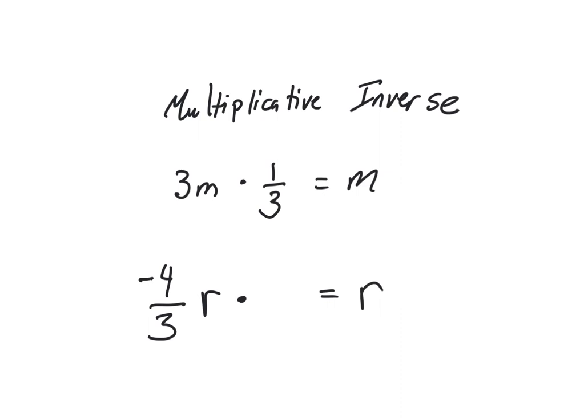We've got the multiplicative inverse. We're going to use this a lot in solving algebraic equations. 3 times m. The multiplicative inverse of 3 is 1/3, because 3 times 1/3 is 1. So I'm left with 1m. If I have negative 4/3 r, what would I multiply that by to get r? As you looked in the previous example, it's going to be the inverse.